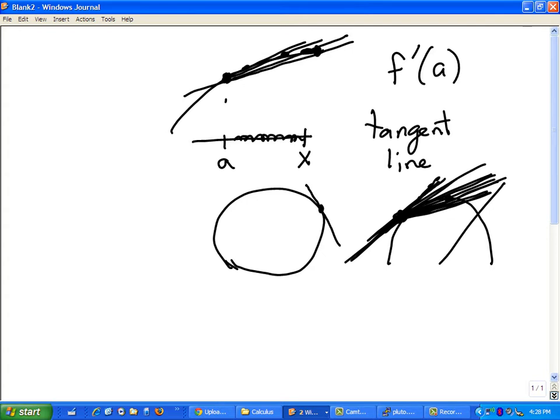Now, I mentioned this in one of the earlier videos, that if you look at it as a mouth, if this is supposedly the tangent line, then all of these other lines, as this point slides in, should make it look like this.